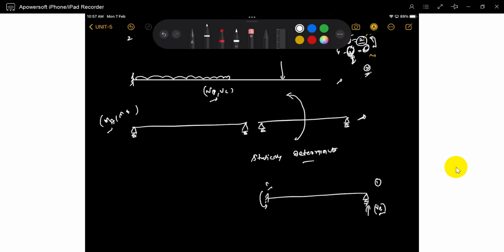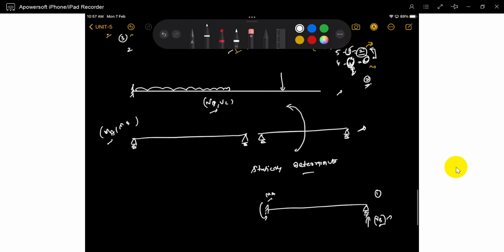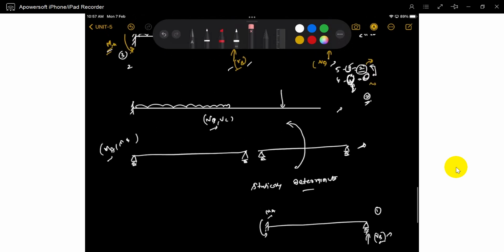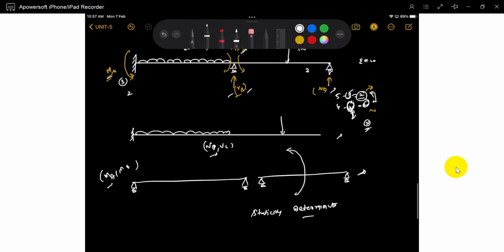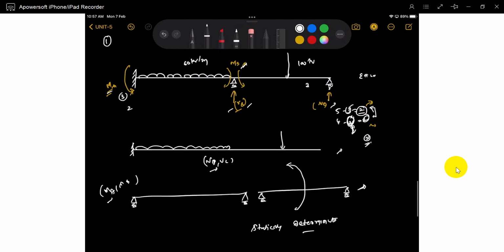So you have to choose MA as redundant or VB as redundant. Anything is redundant. Any one of the four, if you know it, the remaining you can find out. Understood? So that is the problem in the static indeterminacy in the flexibility matrix formation. That's another drawback of the flexibility matrix.